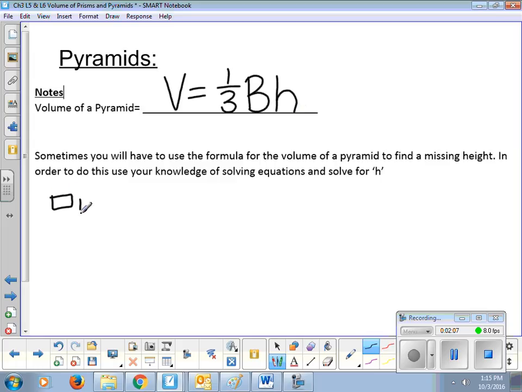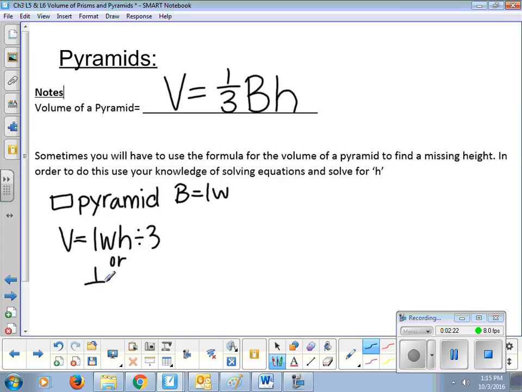If you have a square or a rectangular pyramid, your capital B is just length times width, so you can solve your volume by doing length times width times height divided by 3, or 1/3 length times width times height.